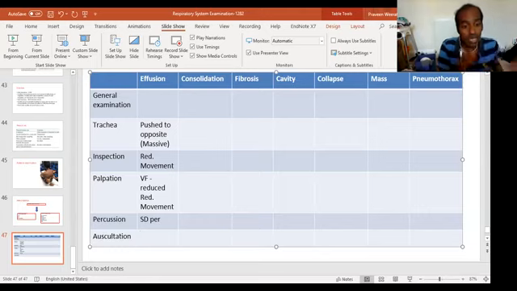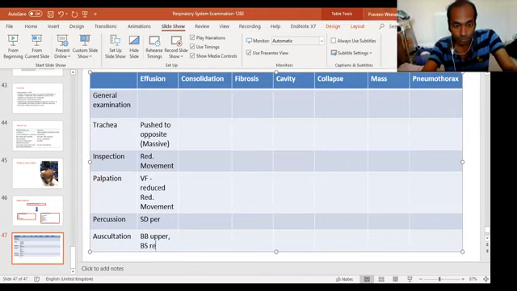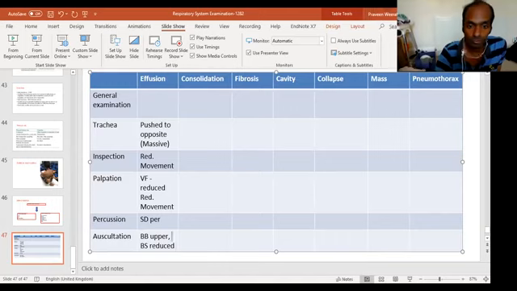This is partly because the lung is also collapsing with the effusion. And as I told you, you might hear bronchial breathing on the upper border of the effusion. Find out why that is. But the breath sounds are reduced. That's about effusion. Nothing special in the general examination.